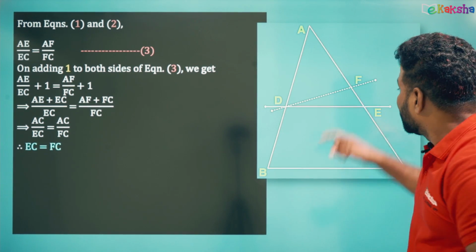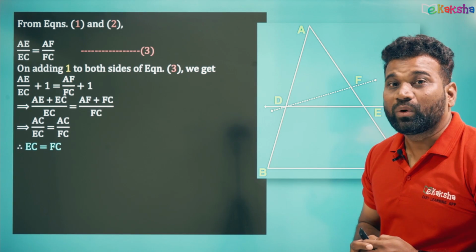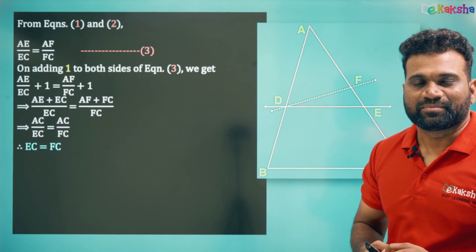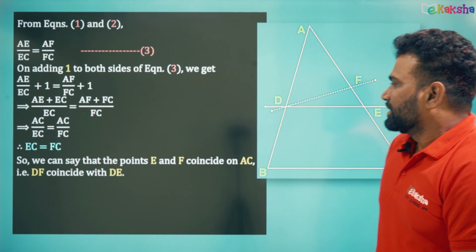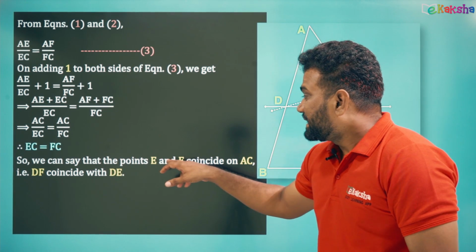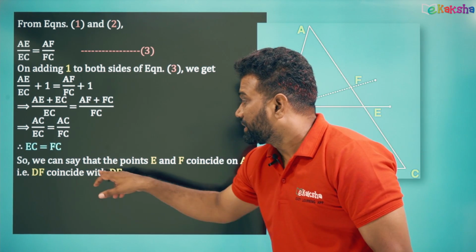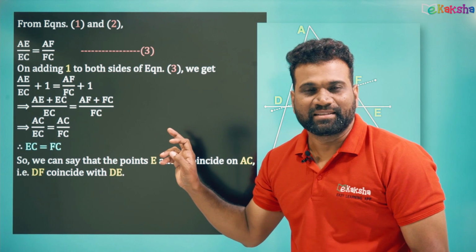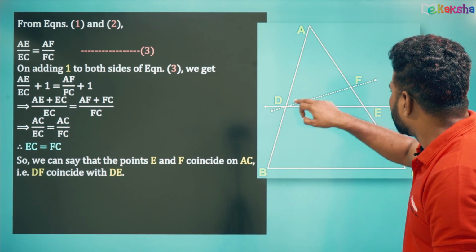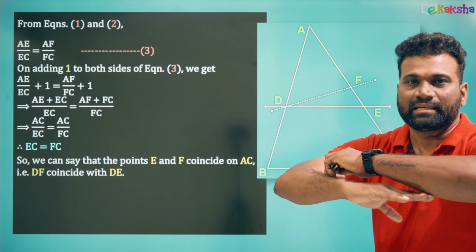Which means these two points are what? Coinciding with each other. Got it? So we can say that the points E and F coincide on AC, that is DF coincides with DE. Clear? So both lines coincide, meaning they lie on each other.